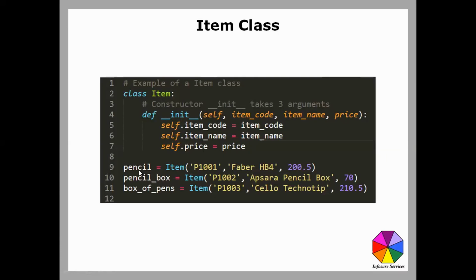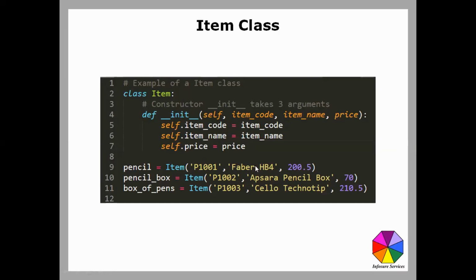When you create an object, pencil is equal to item, of some specific pencil. P001 is the item code. Faber HB4 is the item name, and the price some number. So what's happening in this line at line 9, I'm creating an object pencil by passing specific data, and that initializes the constructor inside here, assigns it to the object pencil.